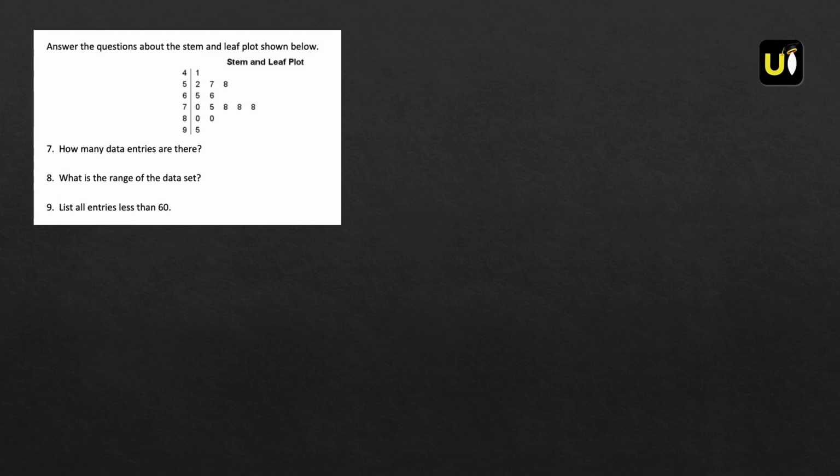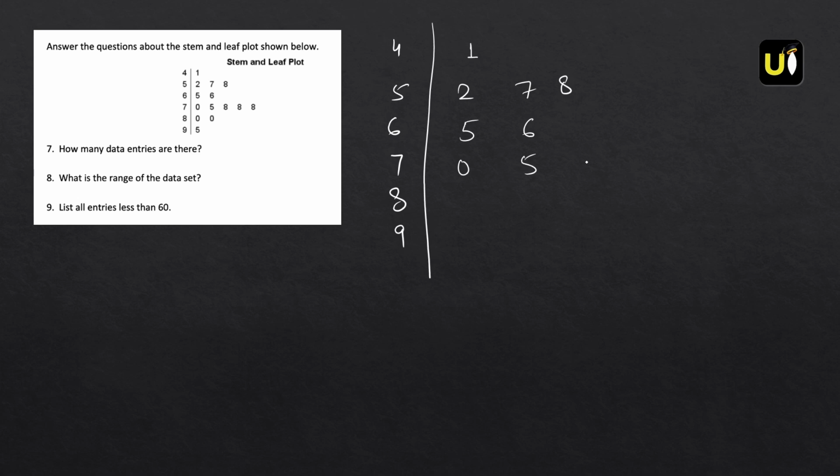So now we have a question here regarding the stem and leaf plot. So we have a table with stems 4, 5, 6, 7, 8, and 9, and leaves 1, 2, 7, 8, 5, 6, 0, 5, 8, 8, 8, 0, 0, and 5.